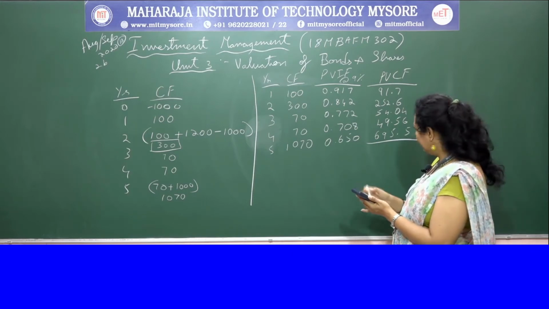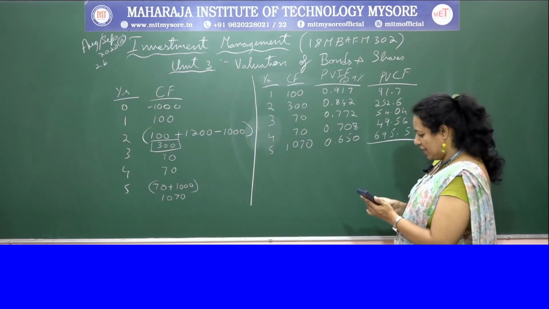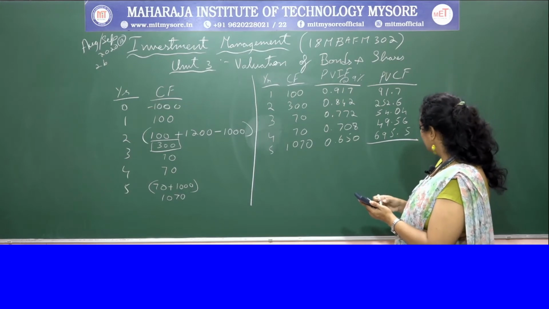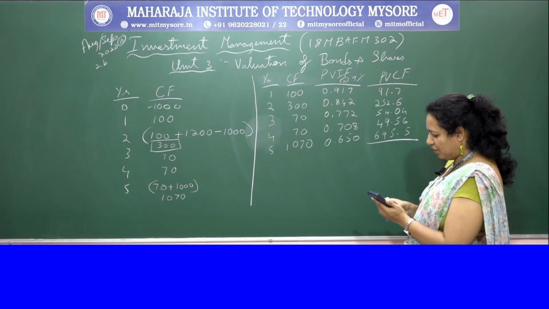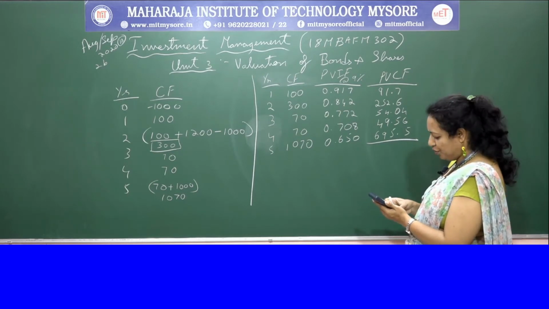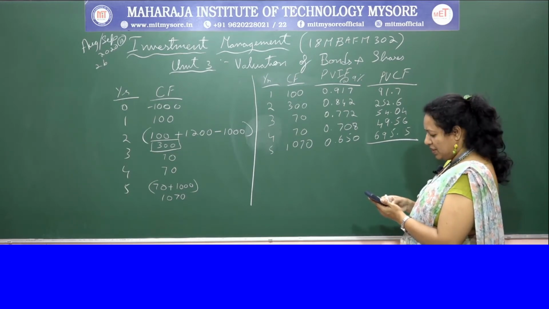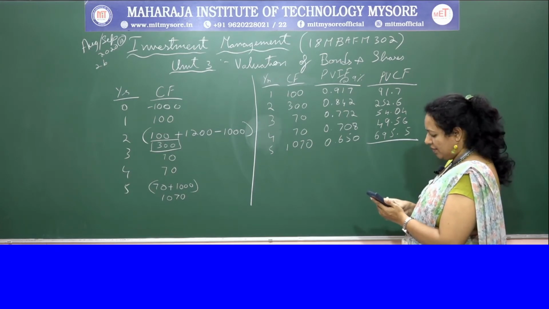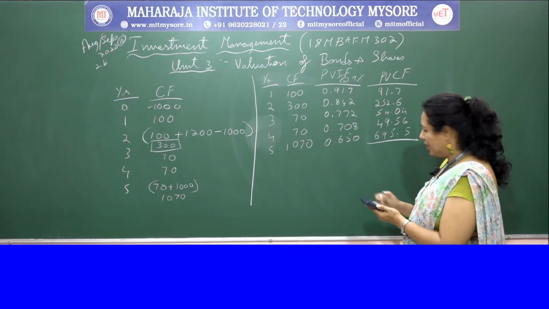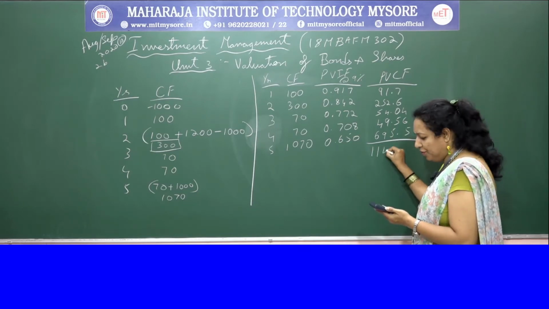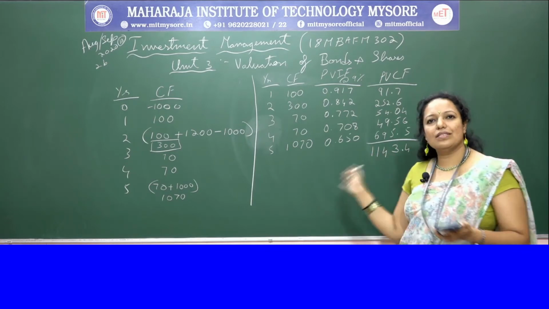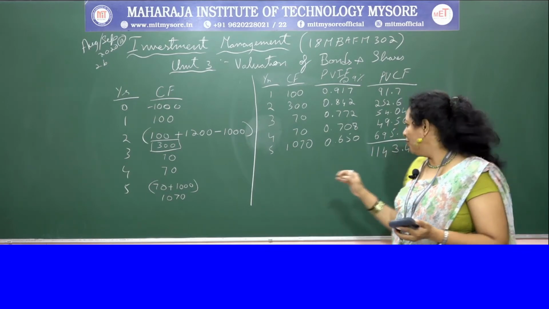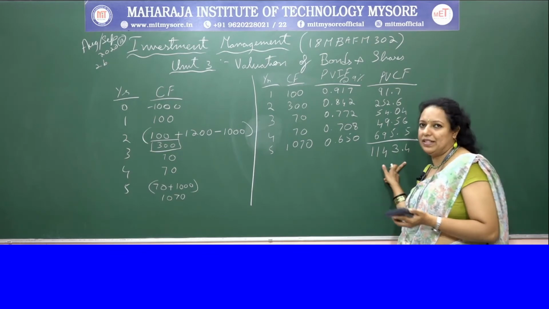Once I do this, you have to add these. So I'll add all of these: 49.56 plus 54.04 plus 252.6 plus 91.7. So you get 1143.4. This is what you get for 9%.